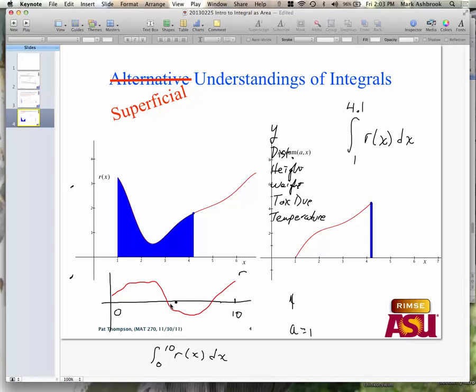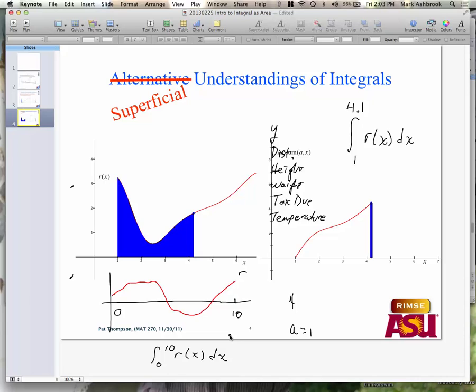It's increasing and then decreasing because the rate is negative. So the net accumulation is going up and then going down. And then here it starts to go back up again until we get a total amount of accumulation. So when the rate is negative, there's a decreased effect on that total accumulation from 0 to 10.